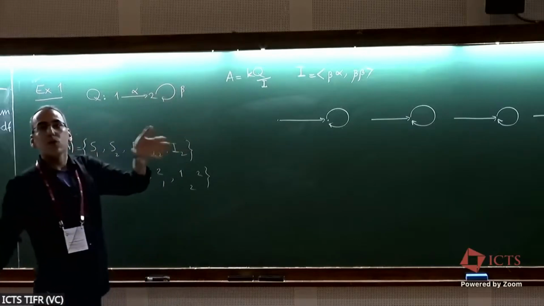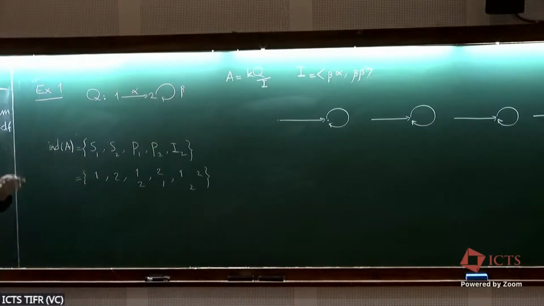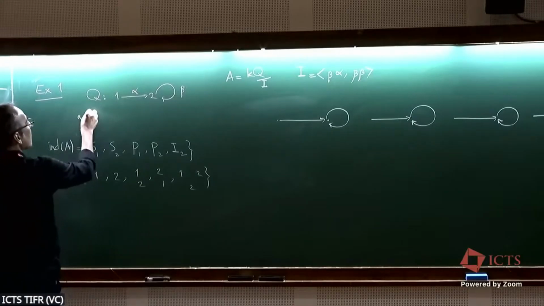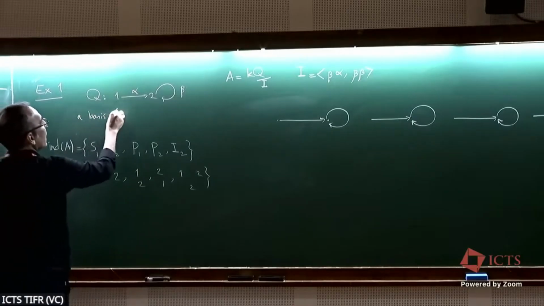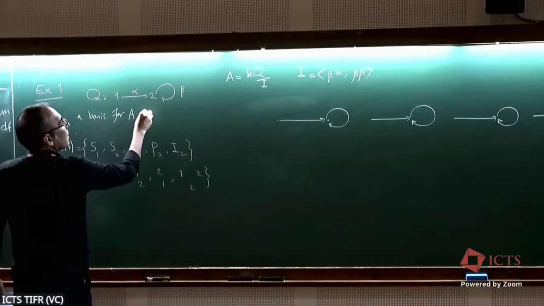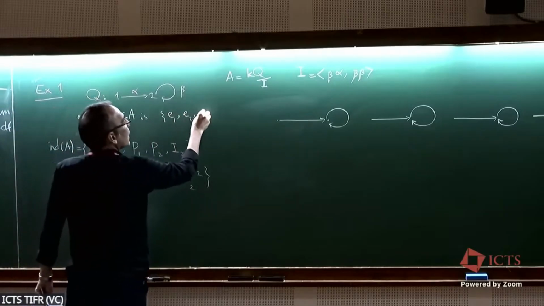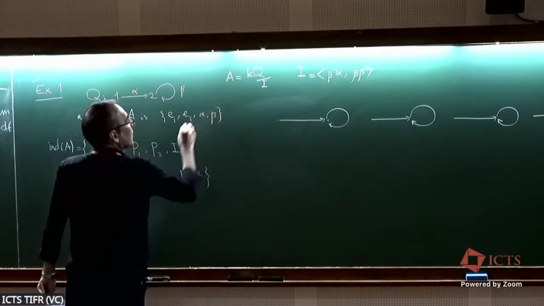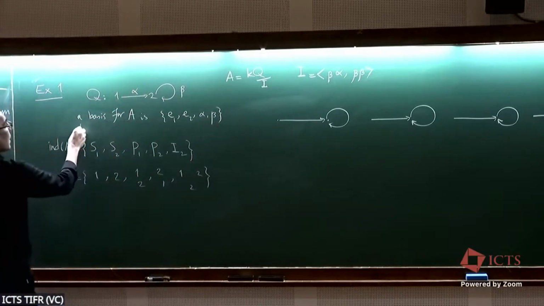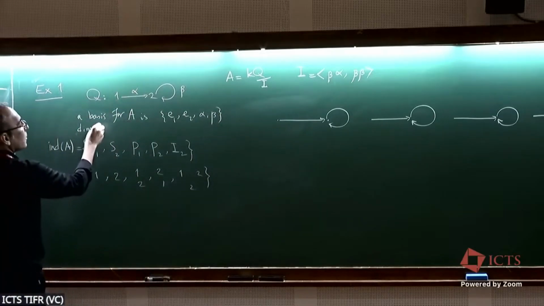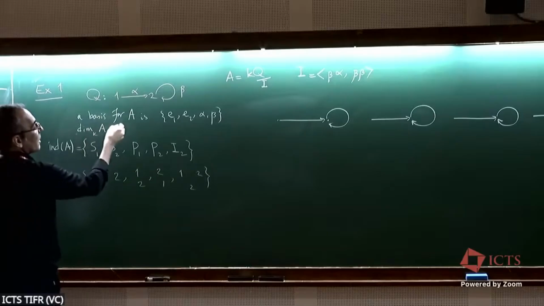Hence, I'm down to alpha, beta, e1, e2 as the only basis elements. So a basis for A here is e1, e2, alpha and beta. And this allows you to immediately conclude that the dimension of A as a vector space is 4.